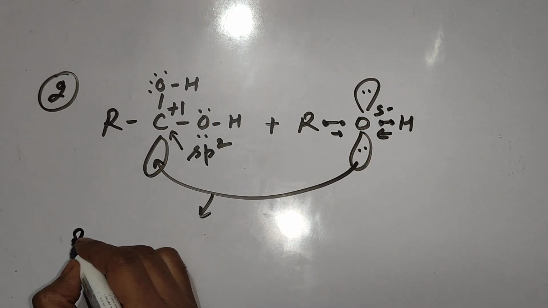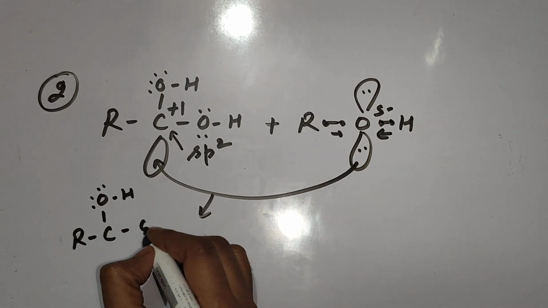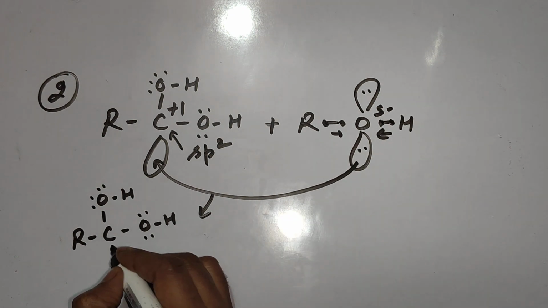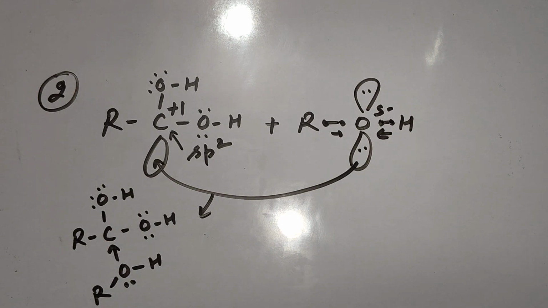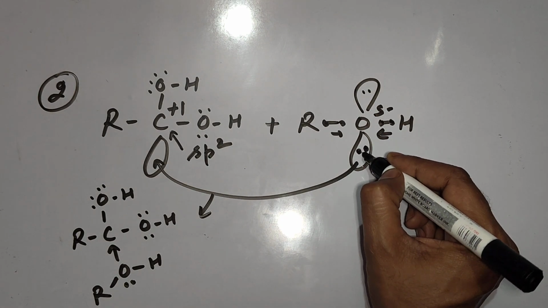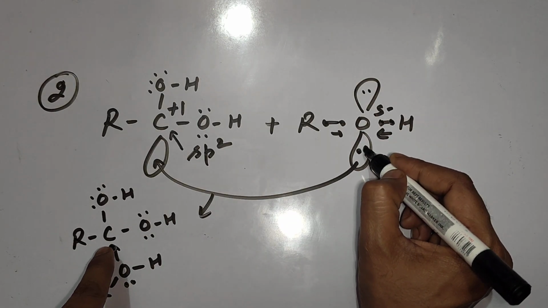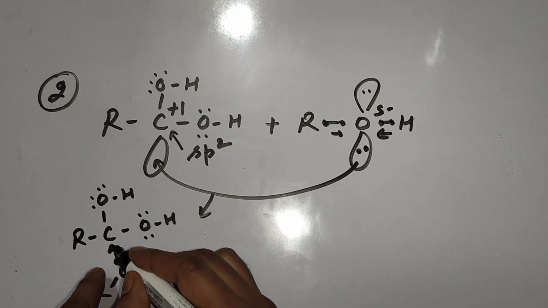After this attack, around carbon, let's make a dative bond through this oxygen. Now because this oxygen is using one electron toward carbon side, check, two electrons were there. One electron will go toward carbon side and one electron it will keep toward itself.